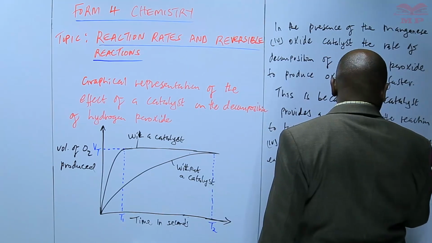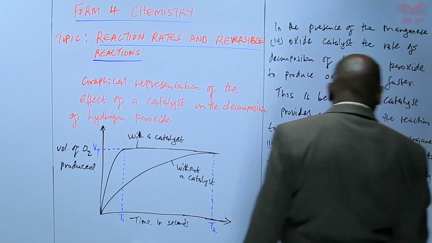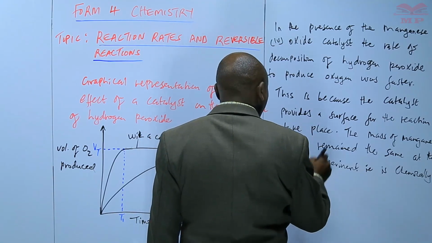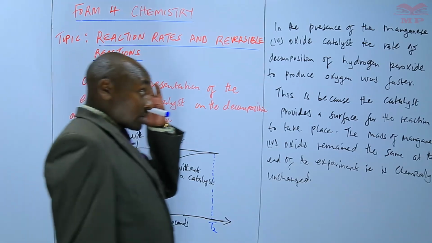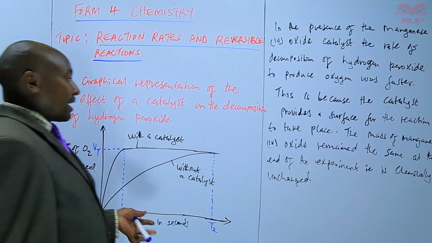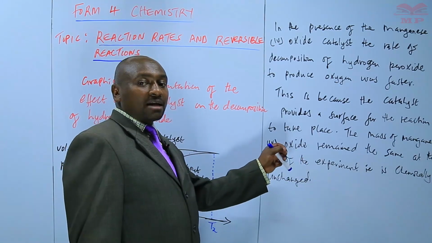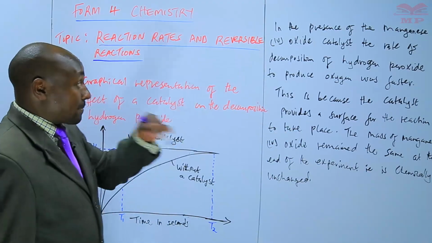That is, it is chemically unchanged. It remains chemically unchanged. So the catalyst provides a surface for the reaction to take place, but it does not change chemically, as can be witnessed by the mass of the catalyst remaining the same.